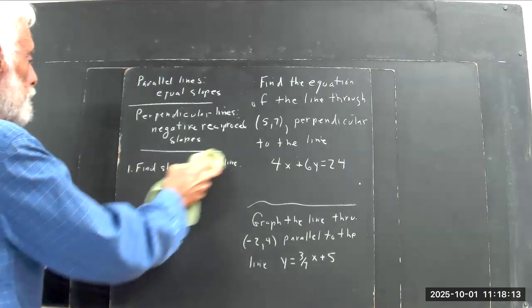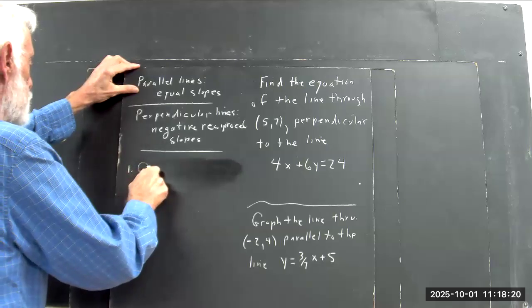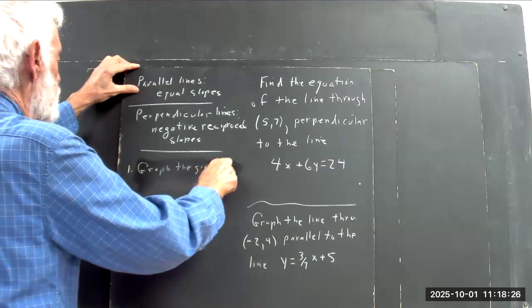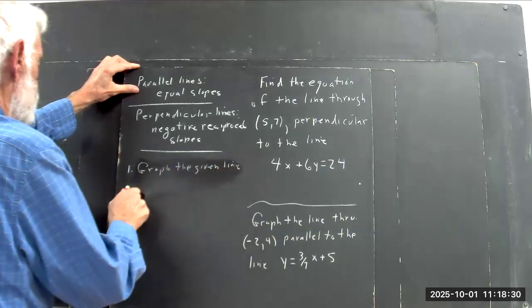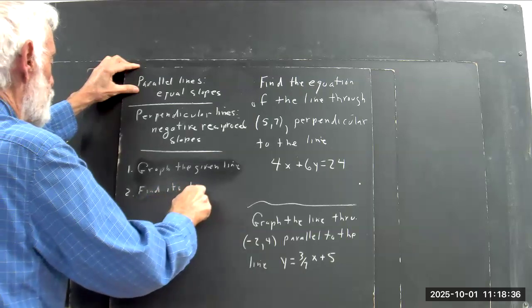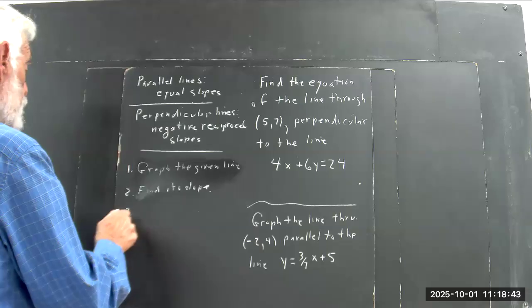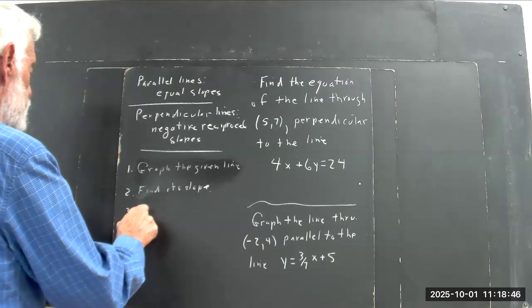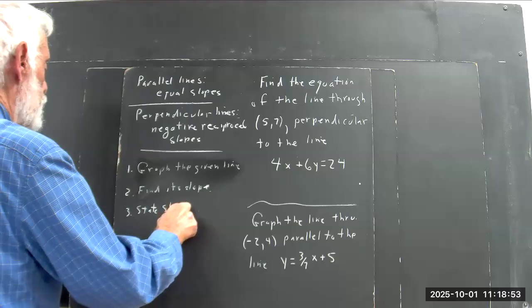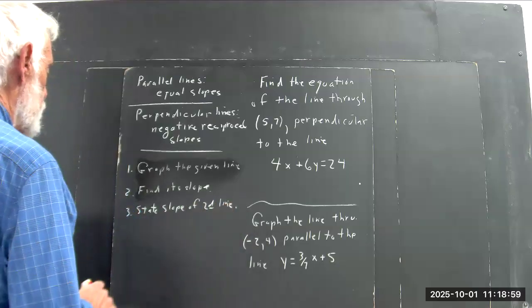Back up a second. Graph the given line. Find its slope. State the slope of the second line.